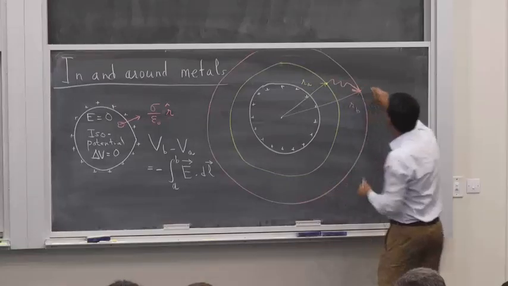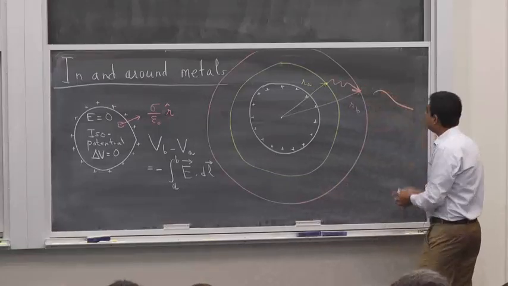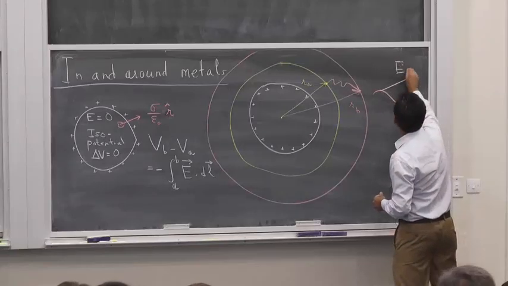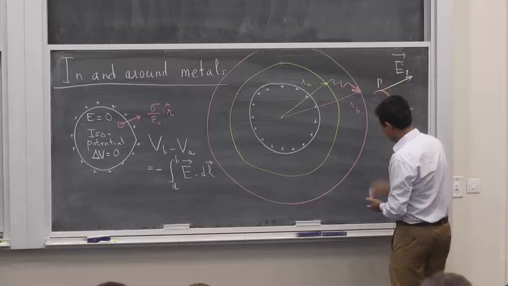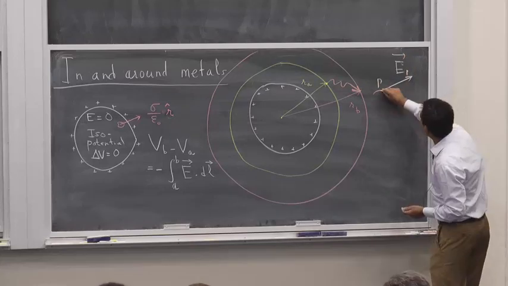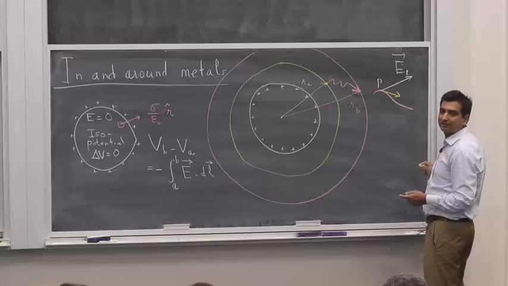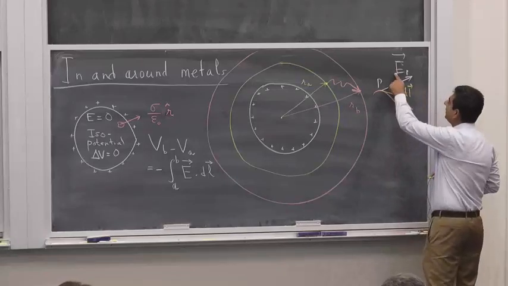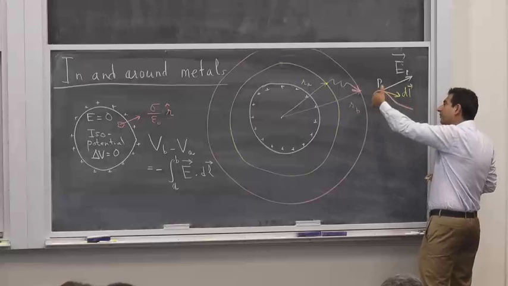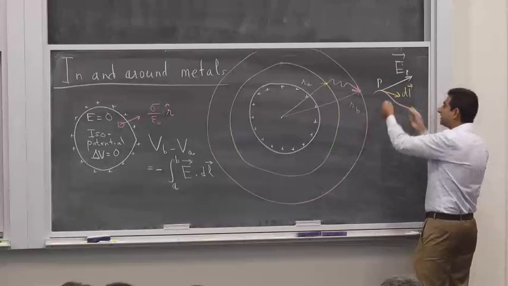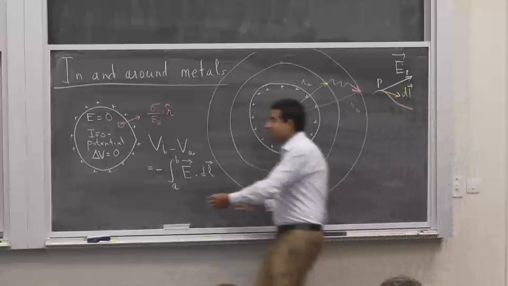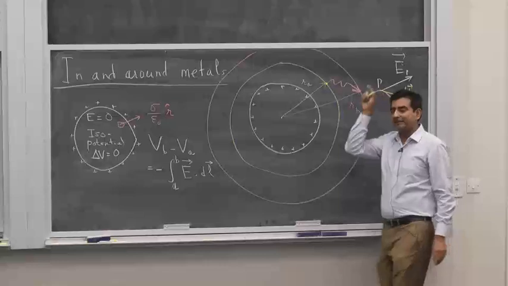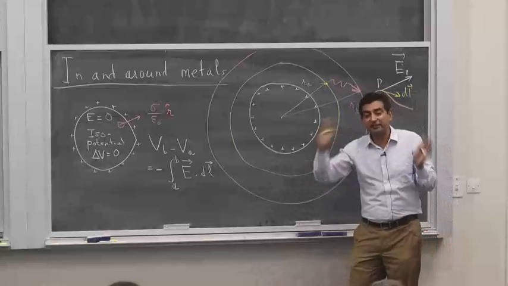Right? So if I blow up this path a little bit, at each point I will have an electric field that is pointing radially outward. So this is the electric field at this point P, and then I have a tiny displacement dl which is tangent to the path, and then I take the dot product of this EP with dl, and then I move along the path and add up all of these tiny dot products to find the total change in potential as I go from A to B. In Gauss's law, we use surface integrals.